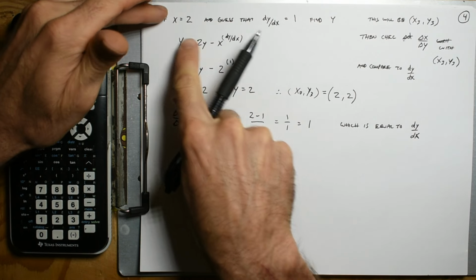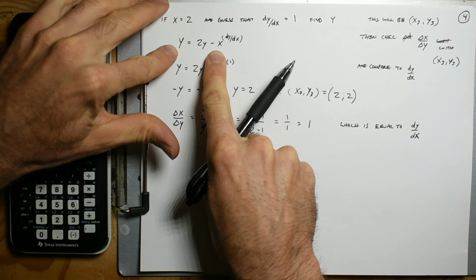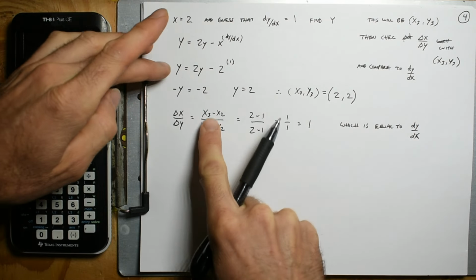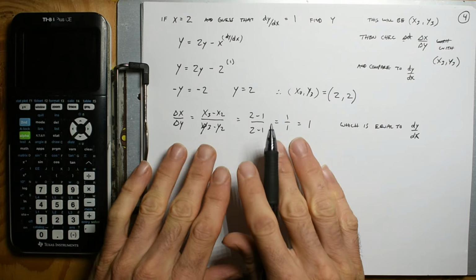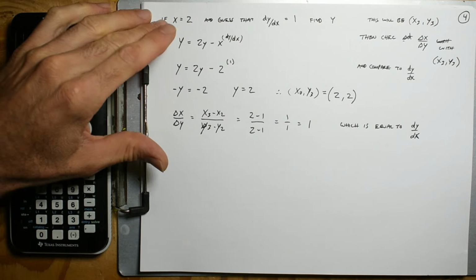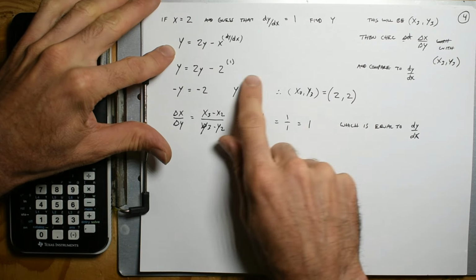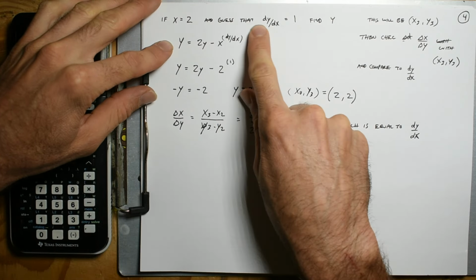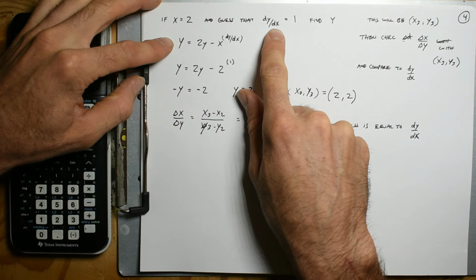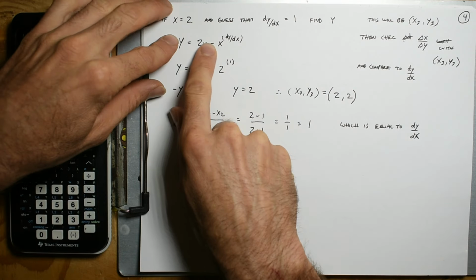Oh, so we pick a third point. If x is 2 on this equation, and I'm going to guess that the slope is 1, so that's all I did. I don't know why I would guess the slope is 1, but, you know, let's see.